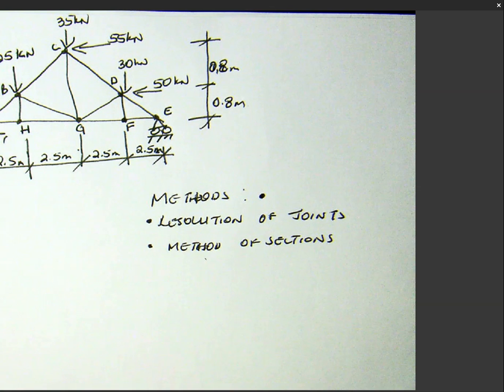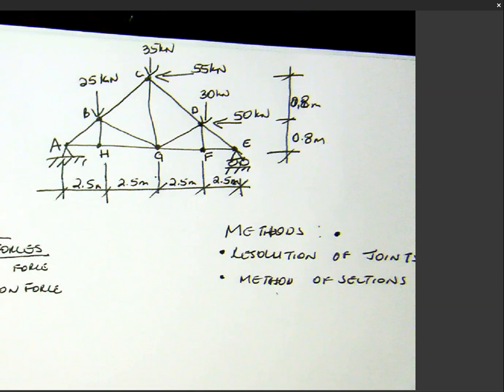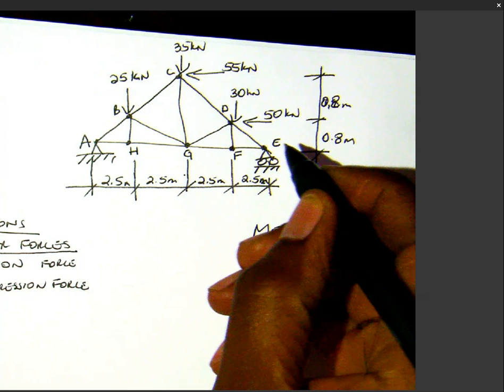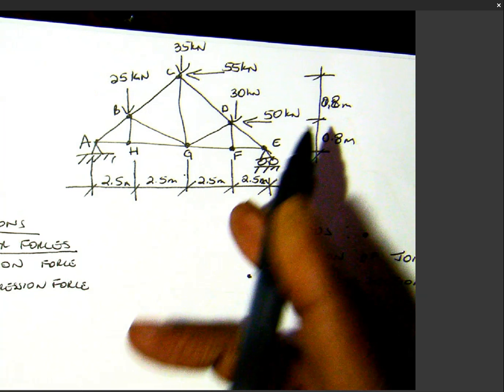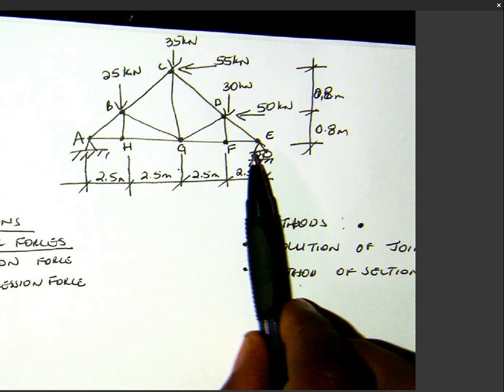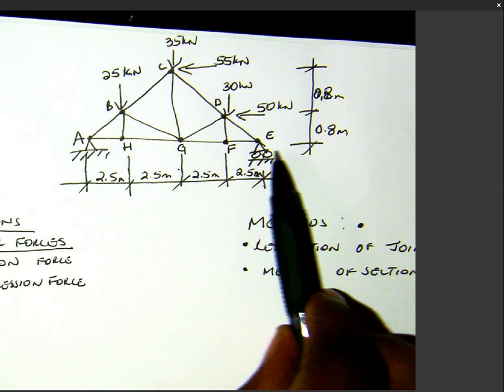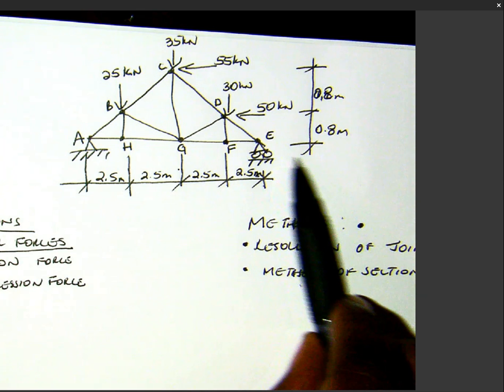Okay, fine. Now, reactions. Remember, this reaction has only one reaction in this direction. There is no reaction in this direction because it's a roller. It's rolling in this direction.